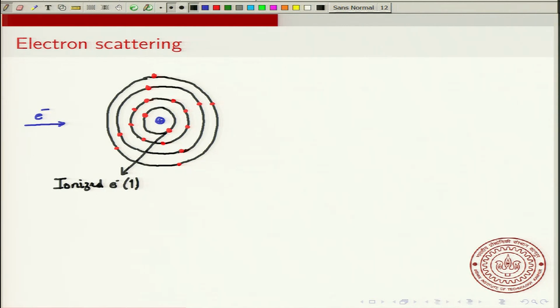And when this happens, it could happen that an electron from an outer shell, let me show this in green, comes into the shell and it emits X-rays. Let me call this.